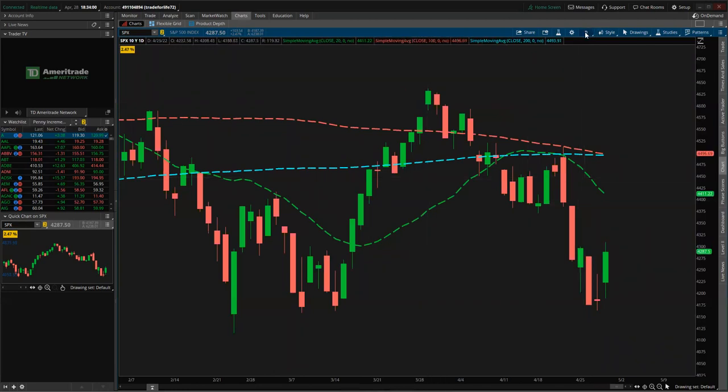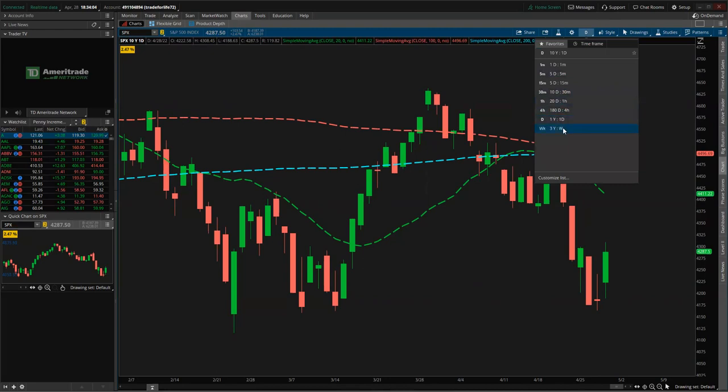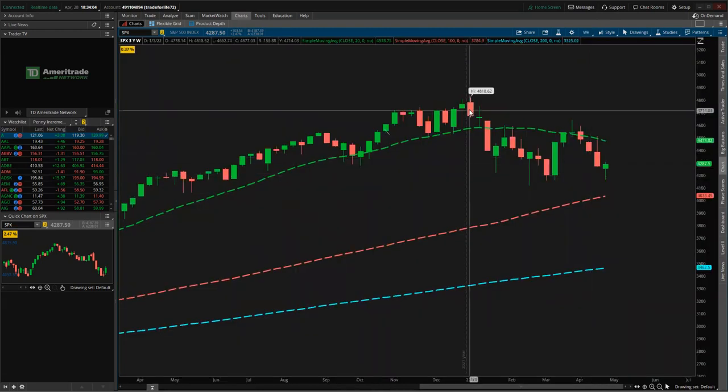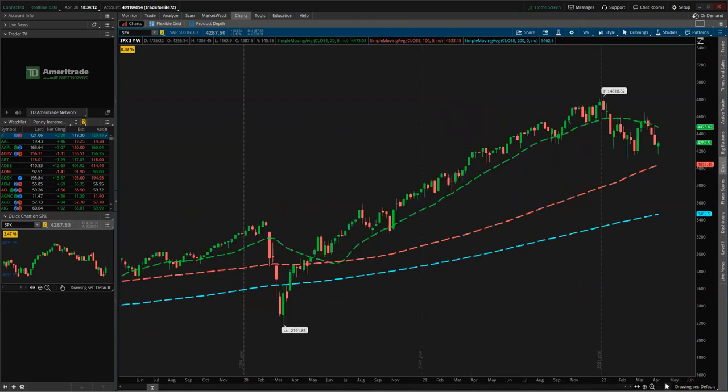Here, if we look at the weekly, what is the weekly telling us right now? The weekly is telling us that the stock is on a downtrend. How do we confirm that?